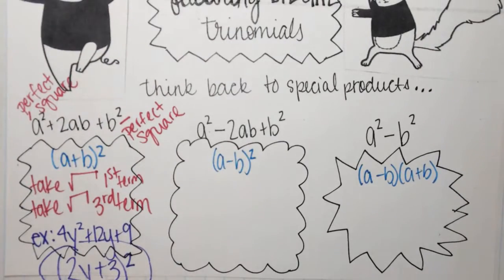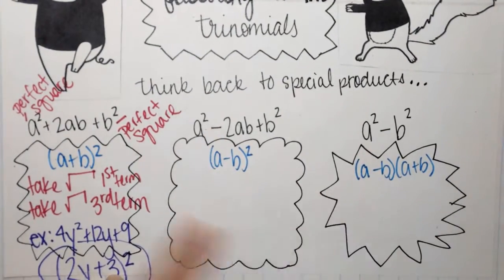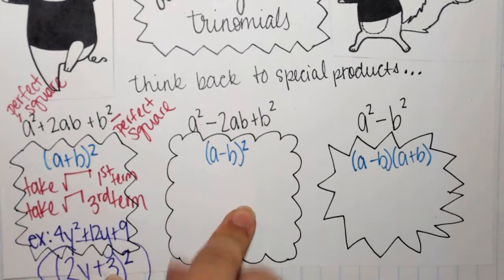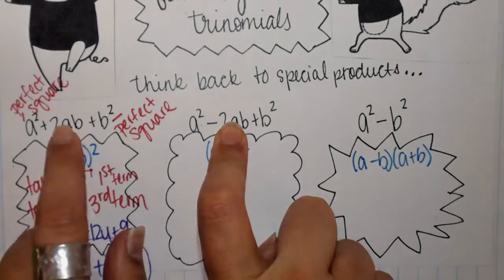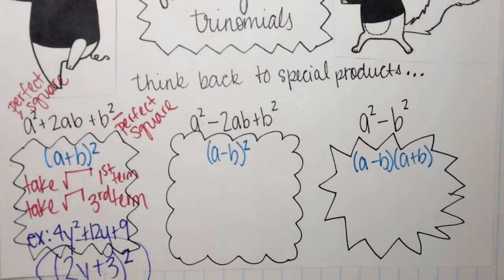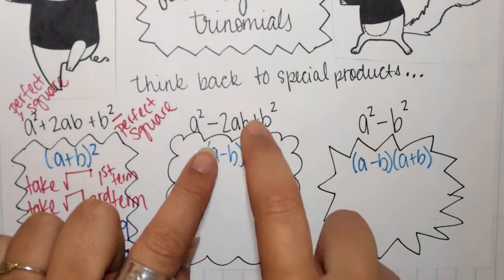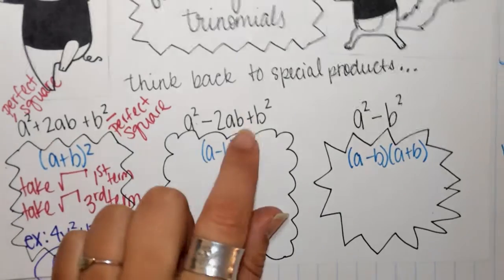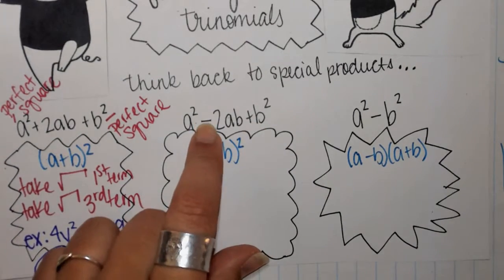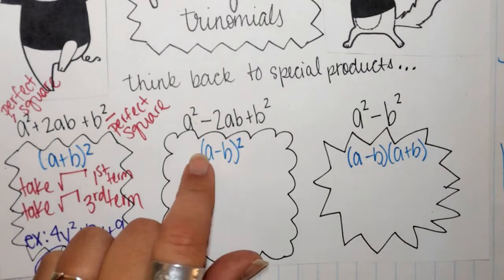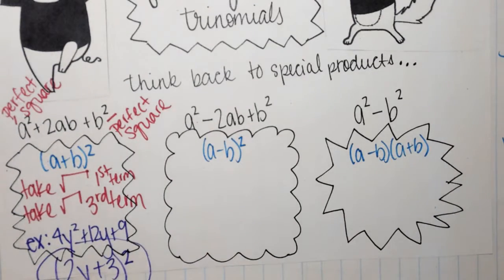Alright, now, is our middle term, this one, any different than our first one? No, it just has a subtraction sign. So we still use the same rules: if C is positive, both signs match B. So we'll have 2 negatives, and that's why we have minus and squared.